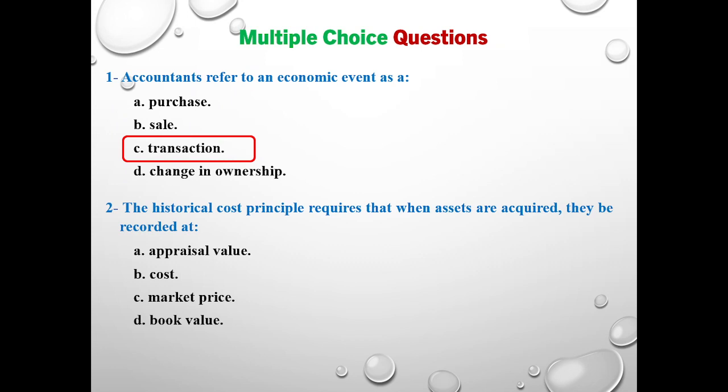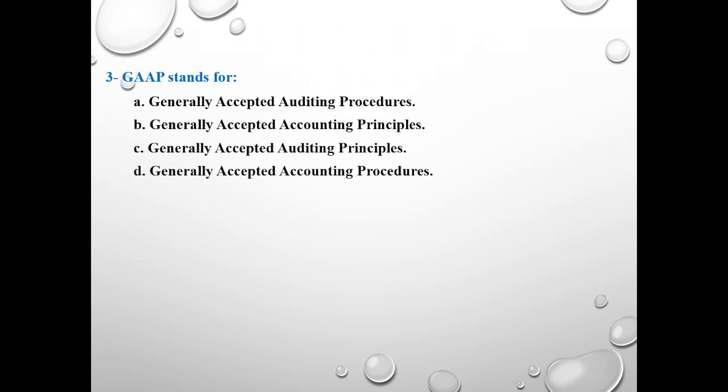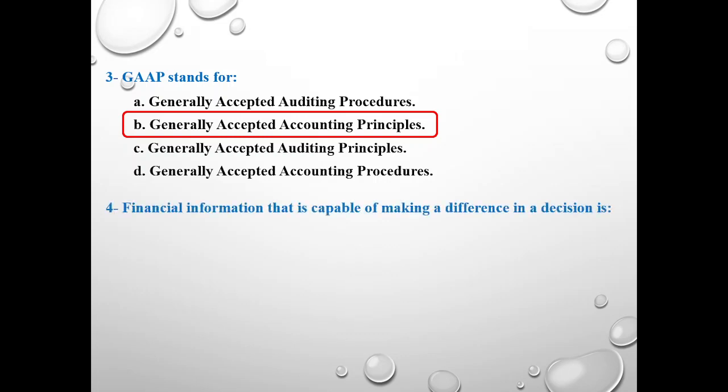The historical cost principle requires that when assets are acquired, they be recorded at... According to historical cost principle, assets will be recorded at cost. Number 3. GAAP stands for what? Generally accepted accounting principles. 4. Financial information that is capable of making a difference in a decision is relevant.